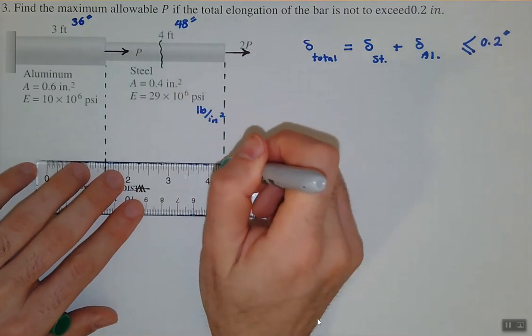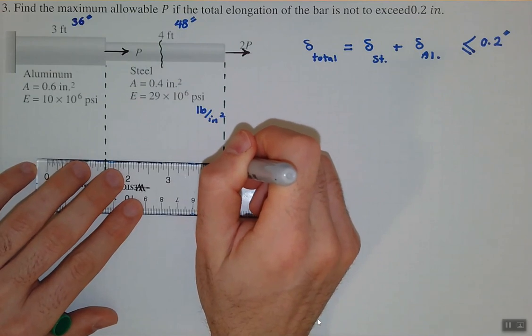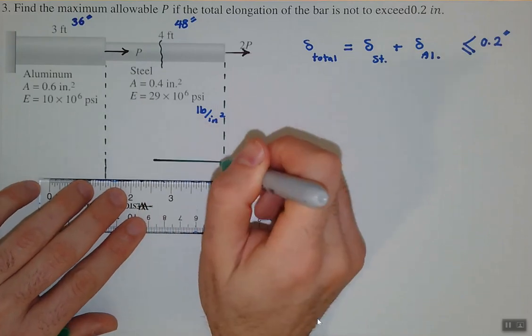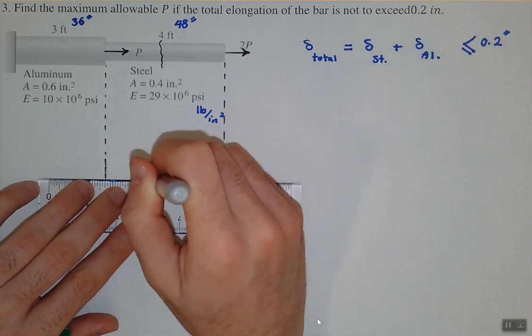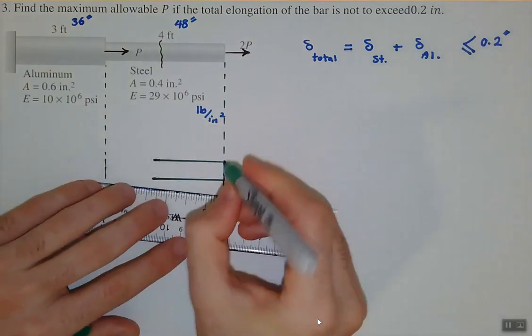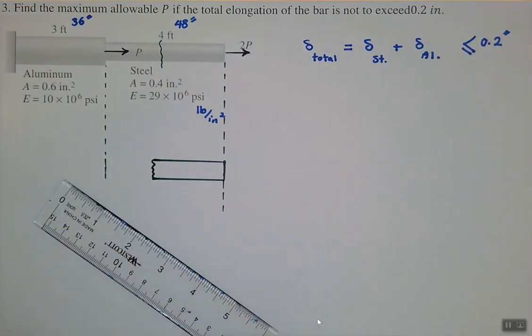And if I draw that section again over here, this is where we section it, or cut that portion.